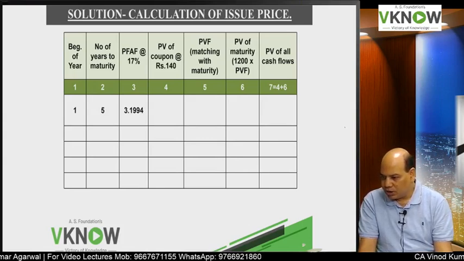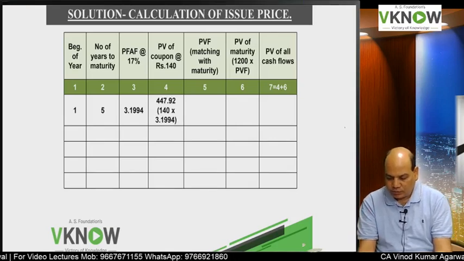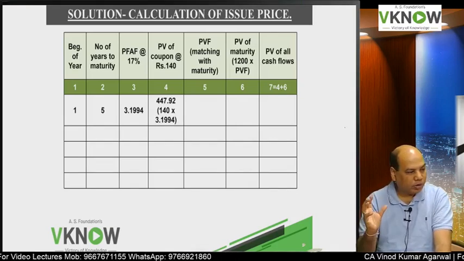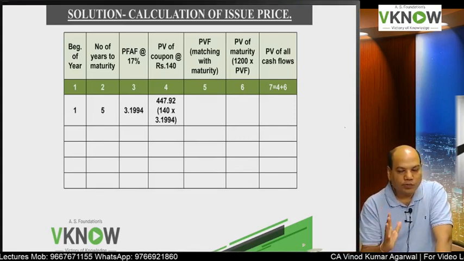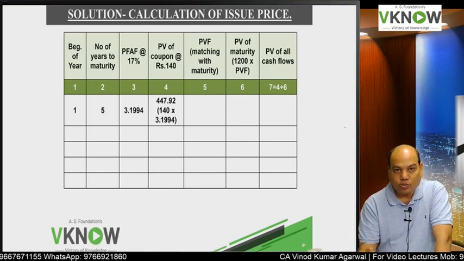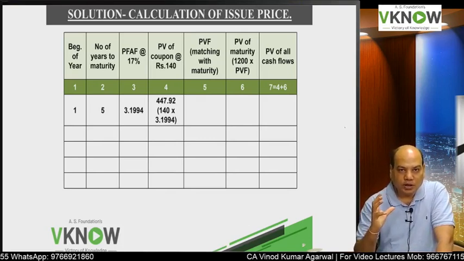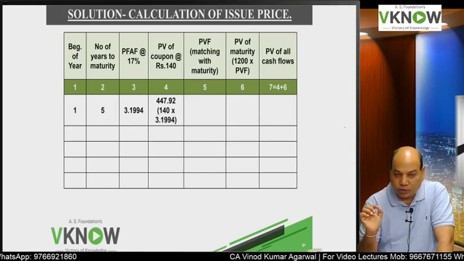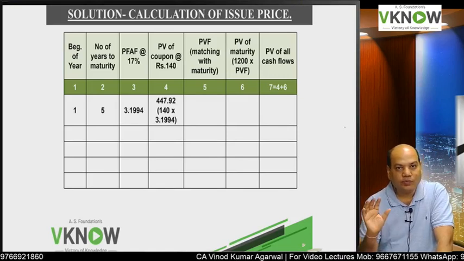Then multiply 3.1994 into 140. That will give you the present value of all future coupons. So that comes to 447.92. Then calculate the PV factor for the 5th year: 1 divided by 1.17, equal to, 5 times.